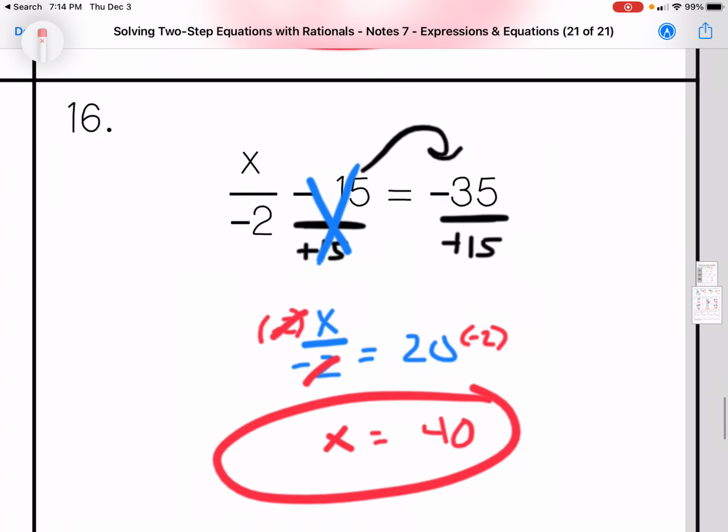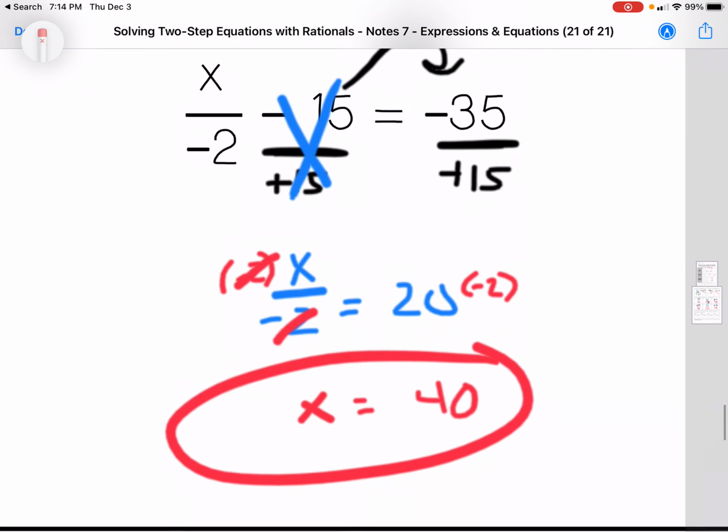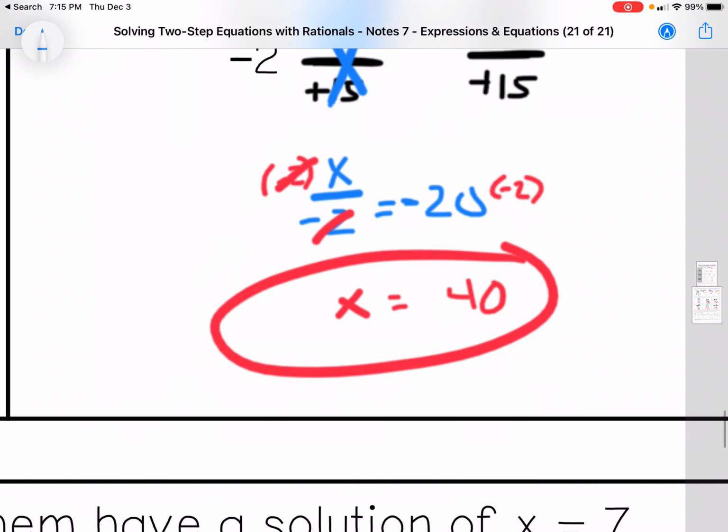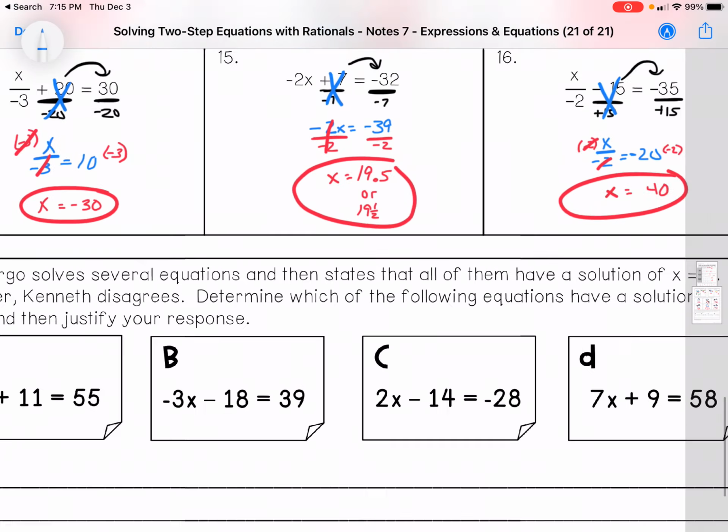Oh, I see where I messed up. I was wondering. Got my negative sign right there. There we go. All right. Moving down to the bottom.